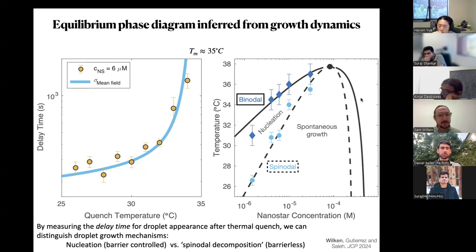If you think about protein phase separation, it just keeps getting denser and denser as you go deeper into the coexistence regime. But because it's essentially a fully connected network after only a few degrees below critical, there's no energy gain from densifying the system. So this is essentially as dense as the system can get.